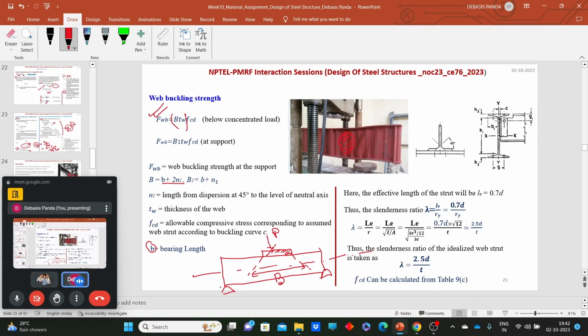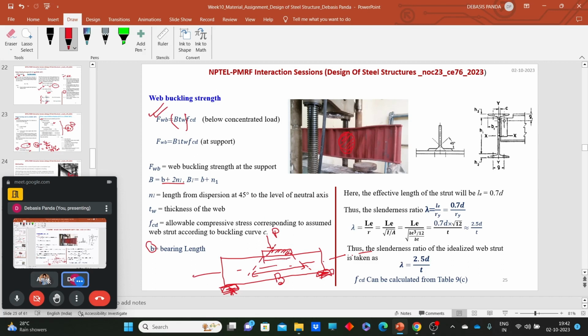And subsequently at the supports, bearing is also provided. That means for the support also we need to consider that B value. So under that loading condition, the B value will be nothing but the bearing length. What is the bearing length?